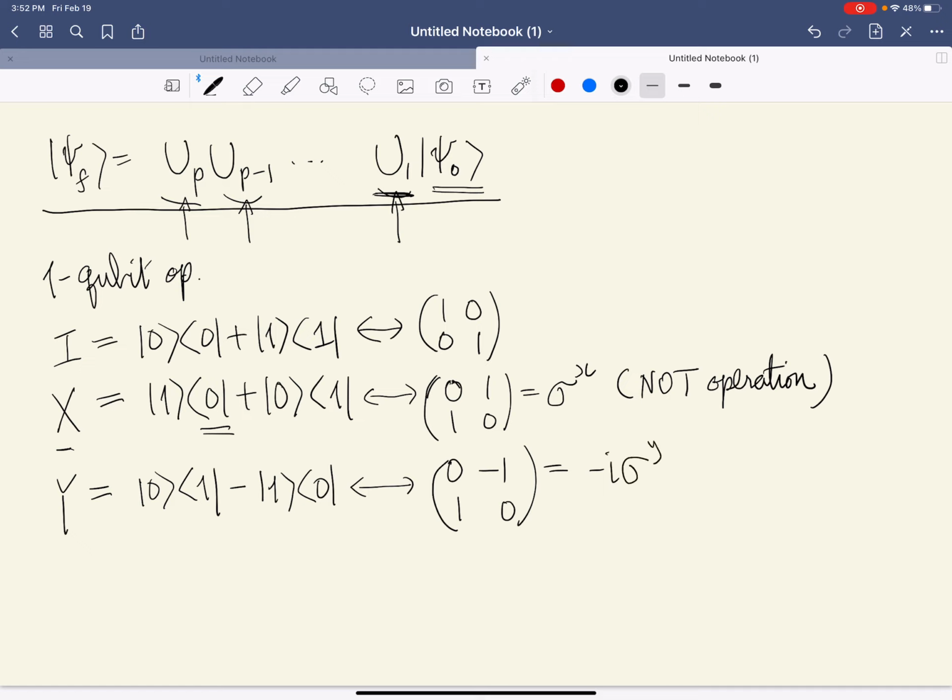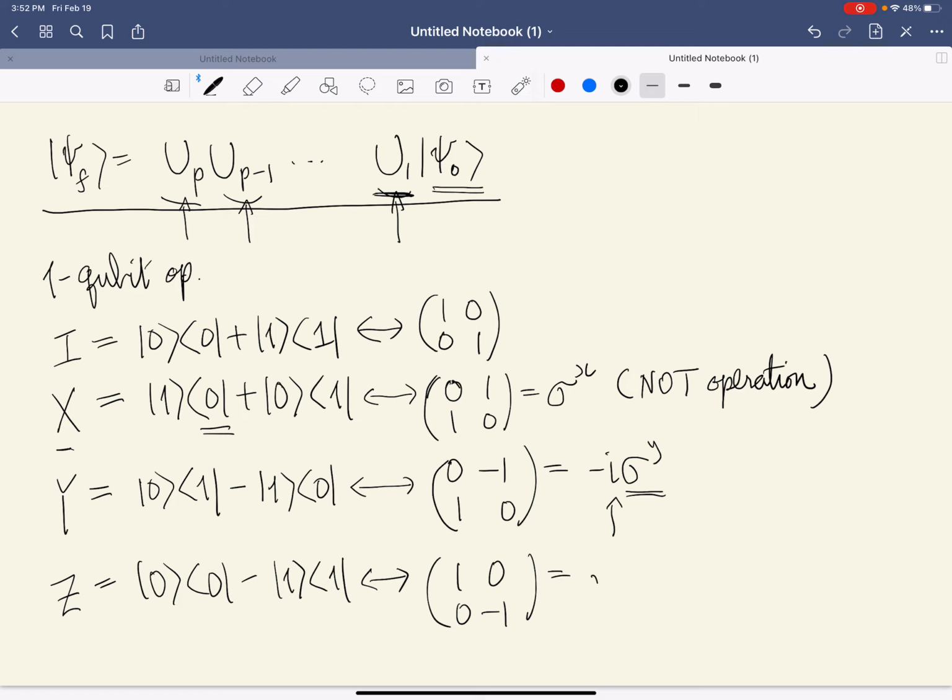So there's this extra phase factor of minus i. But up to this phase factor, this is basically the Pauli matrix sigma y. And the third operation is the Z, which has the matrix representation of the sigma z Pauli matrix.